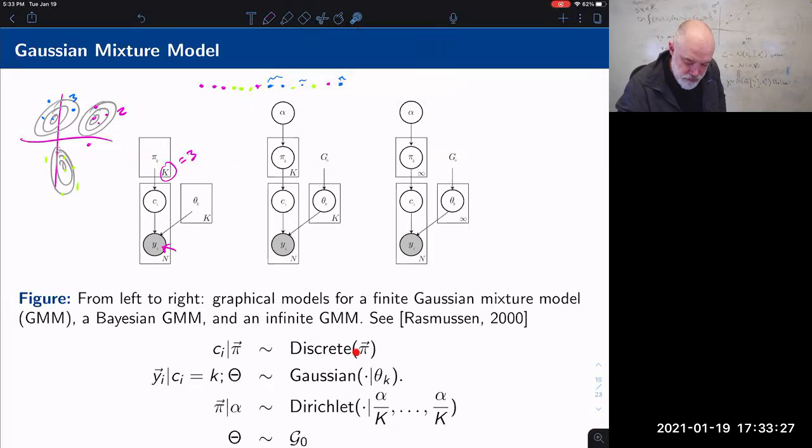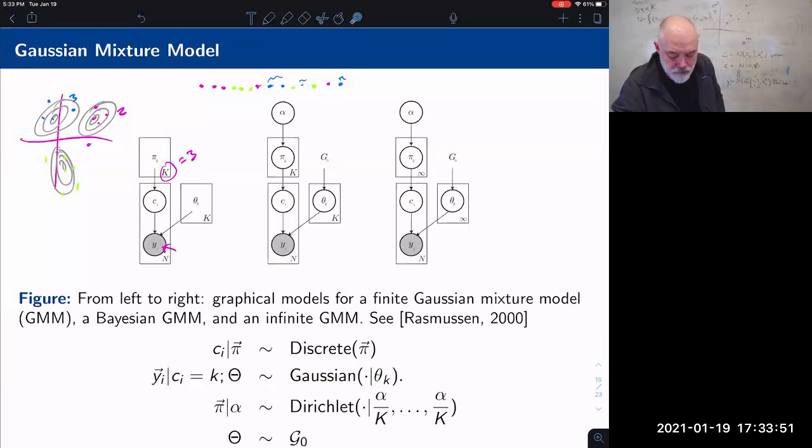There's a discrete distribution with some prior probability of producing, per data point, which class it's from, and given which class the data point is from, a parameter vector of a bunch of means and covariances. You have a Gaussian distribution for each cluster with a particular mean and variance from which individual data items are drawn.